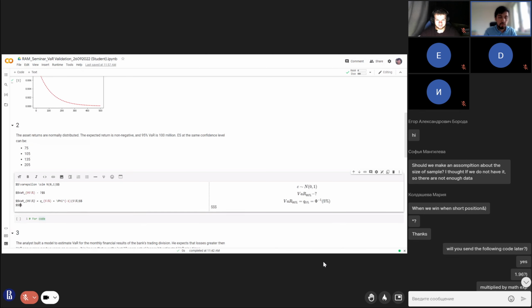And as for expected shortfall, let me use the notation small e, standing for expected shortfall, just standardized.